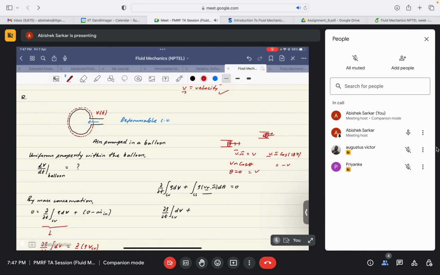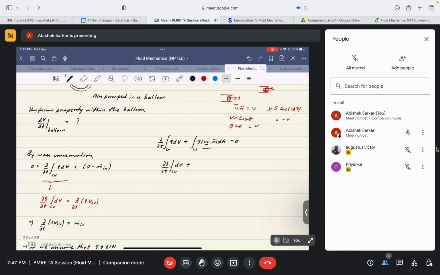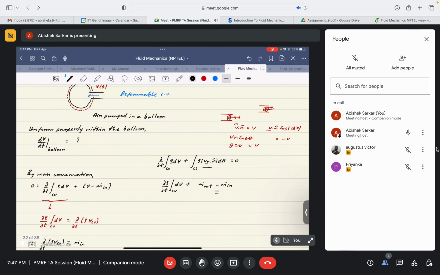That's why at the outlet the mass flow rate has a positive sign, and we write m dot out minus m dot in. You get why we make the minus sign? Yes, sir, because of the sign conventions of the normal vector and the velocity vector. Since they are opposite, we get a negative sign, and that would be equal to 0 again.